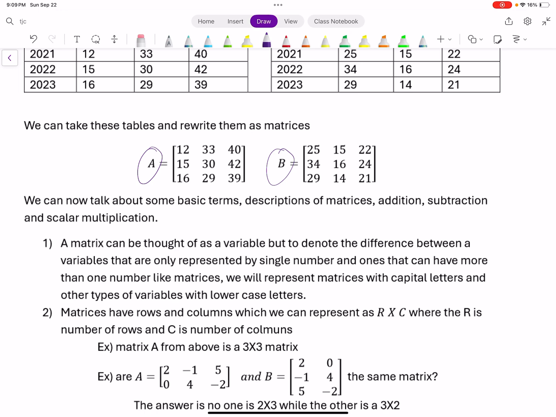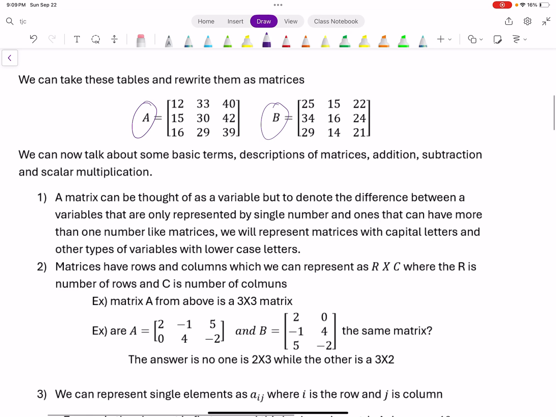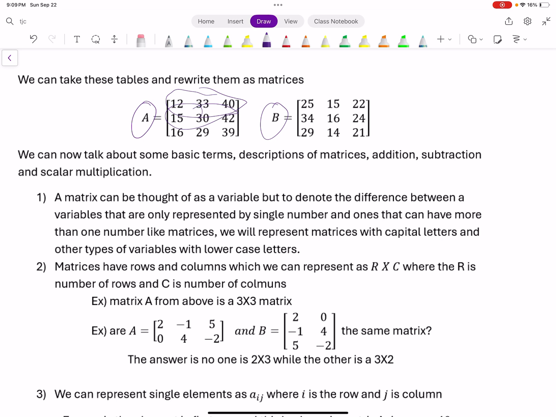Now, matrices also have rows and columns, so the rows are first. So we'll represent A as a 3 by 3 matrix, so it has 3 rows by 3 columns. So it's 3 rows by 3 columns. Okay.